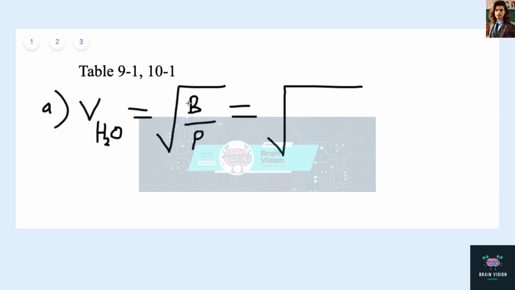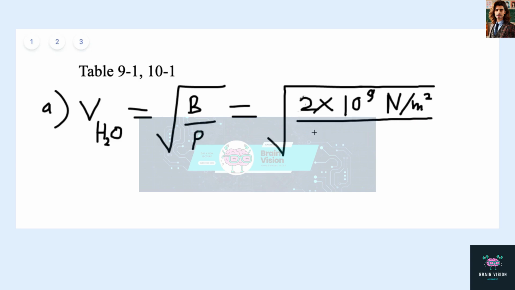From those tables in the book, the bulk modulus is, sorry, that was not 9, that's a 2 times 10 to the 9 newtons per square meter. Units are very important, and remember that a newton has SI units, which is to say kilograms, meters, and seconds in it. So we're good there.